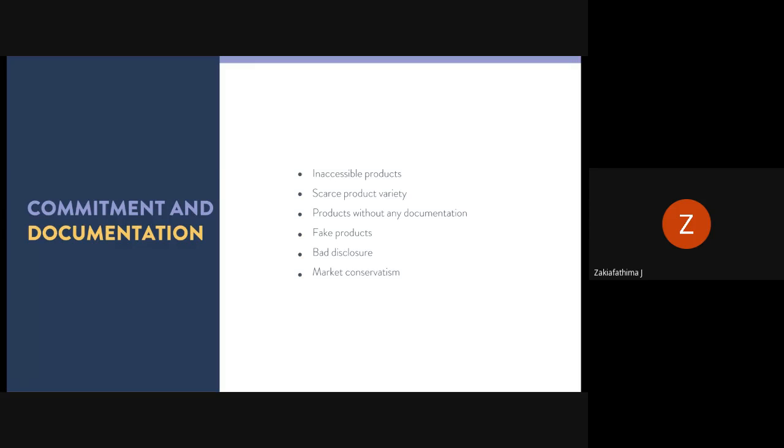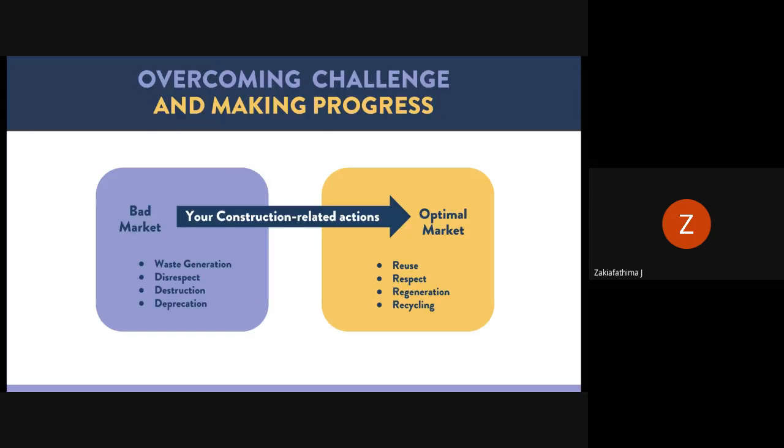What these markets do at times is sell these products at a higher rate, and because of this, some people in the industry, some of the consumers, and the middlemen between your consumers and your manufacturers get affected. So these are the problems we face with commitment, and how you tackle the commitment and documentation is how we are going to see it.